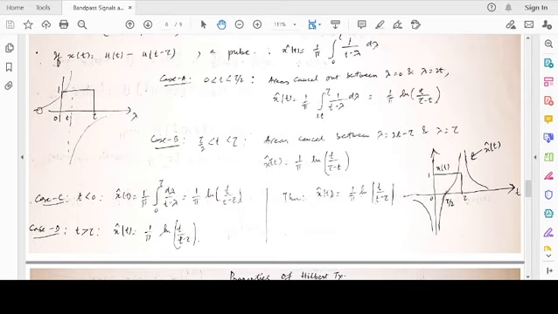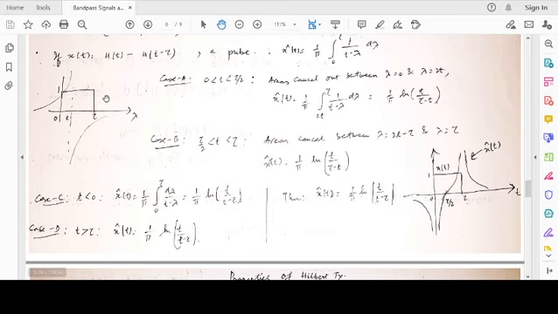So this integration for this region does not have any component of the pulse. So integration is 0. x of t is 0. For the case where the pulse exists, that means 0 to tau, this integration boils down to 1 by pi, integral from 0 to tau of d lambda by t minus lambda, which is again 1 by pi ln t by t minus tau.